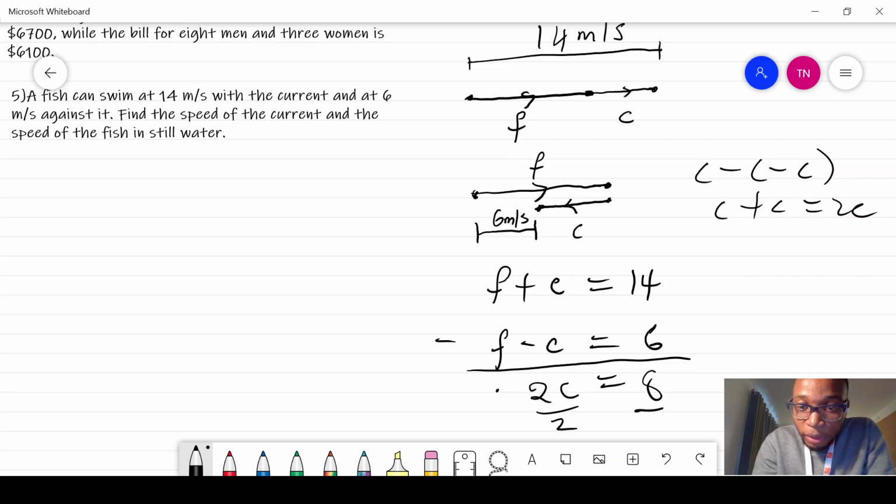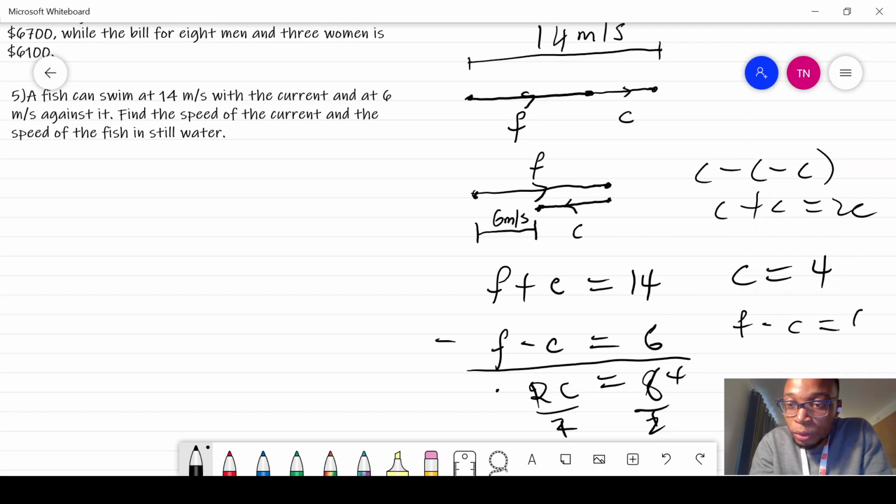Then dividing by 2, you have c is equal to 4. Now you can substitute into either equation to find the other value. Let's substitute into the second equation. So f minus c is equal to 6. We know c, so f minus 4 is equal to 6.